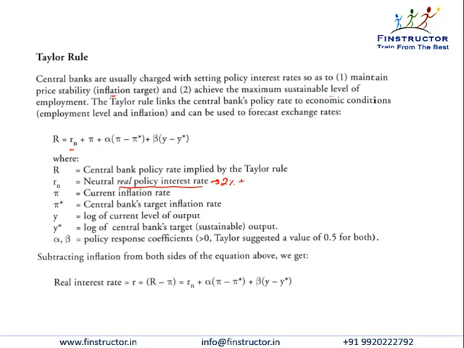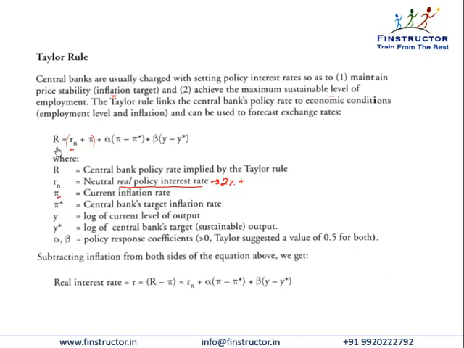And then the central bank will also need to compensate for the inflation. So it will be the real rate, that is the neutral rate, plus the inflation, that should be the current rate of interest or the target rate of interest.